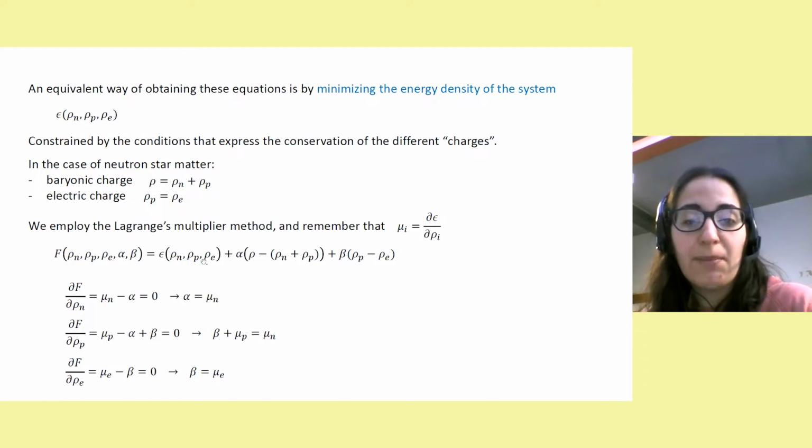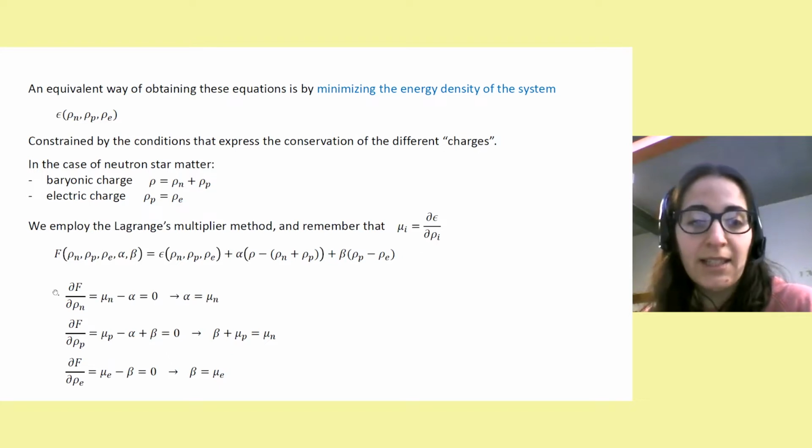And then if we use the Lagrange multiplier method, and remember that the chemical potentials are defined as the derivative of the energy density with respect to the partial density. Then if we take the derivatives on this function here, we see that the derivative with respect to the neutron density gives the derivative of the energy density with respect to the neutron density, which is the neutron chemical potential minus alpha.